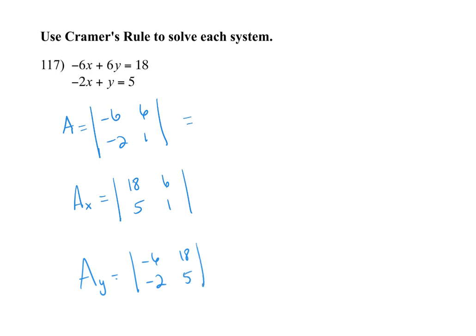So you end up with 3 answers: a coefficient matrix, an X determinant, and a Y determinant. And remember to get your actual X and Y. X is going to equal the X determinant divided by your coefficient determinant. Your Y is going to be your Y determinant divided by your coefficient determinant, okay? So this is yet another way to solve systems of equations, doing 2 by 2 determinants. All right, so the first step is to find all 3 of those, and then you divide these by your original coefficient determinant to find your actual answers.